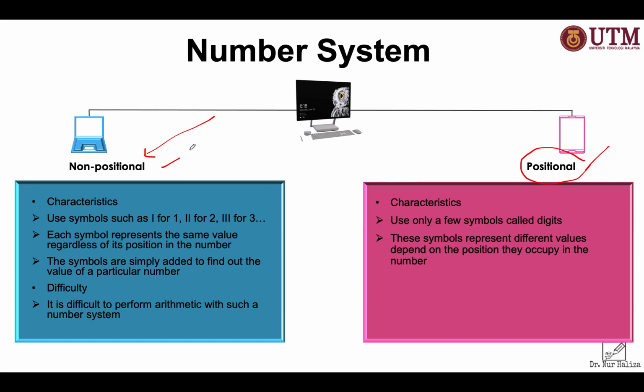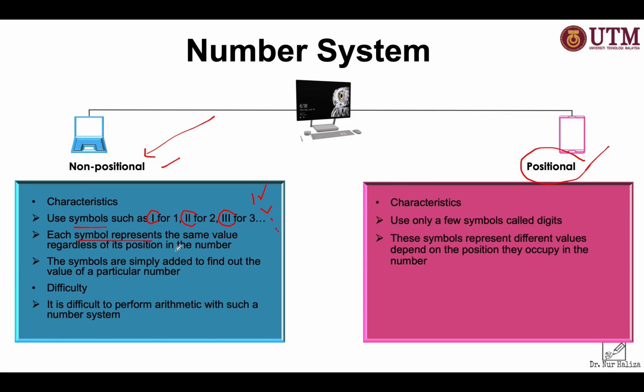Basically, non-positional uses symbols. Let's say 1 over here, and then 2, 3, and then we have 4, 5, and so on. These symbols represent the value regardless of their positions in the number.